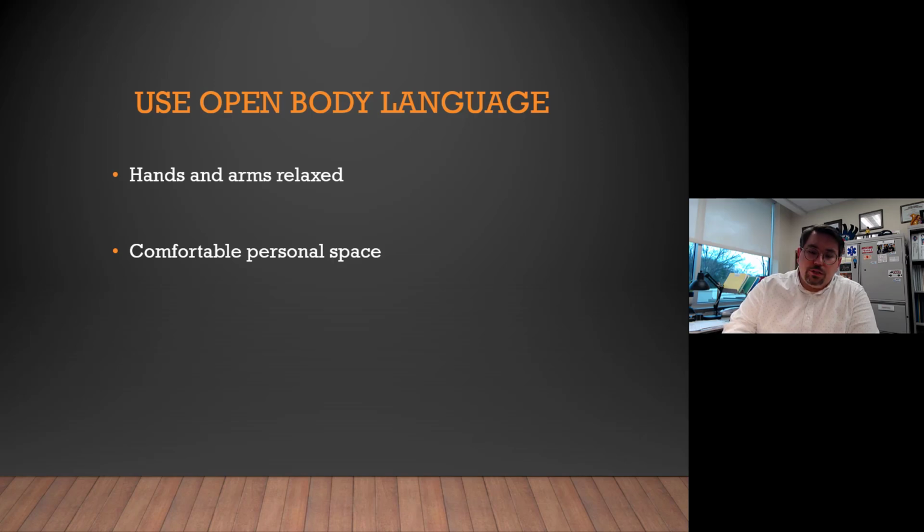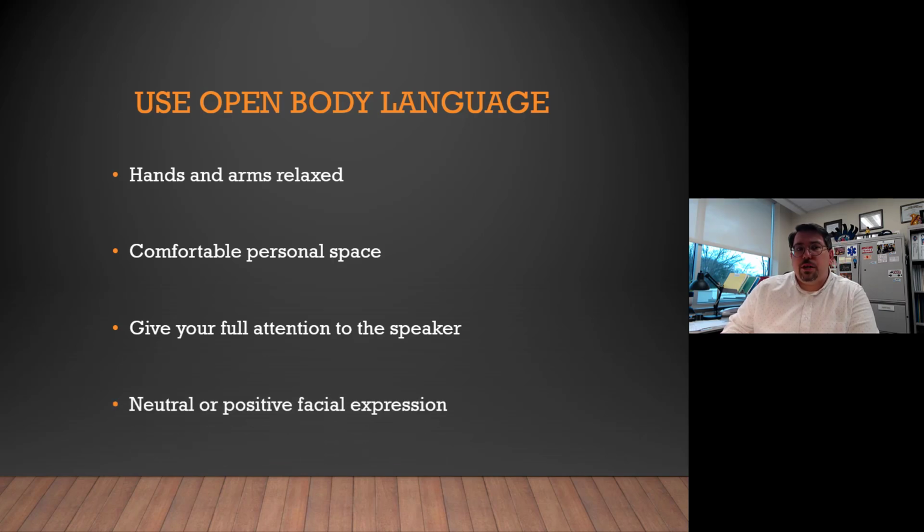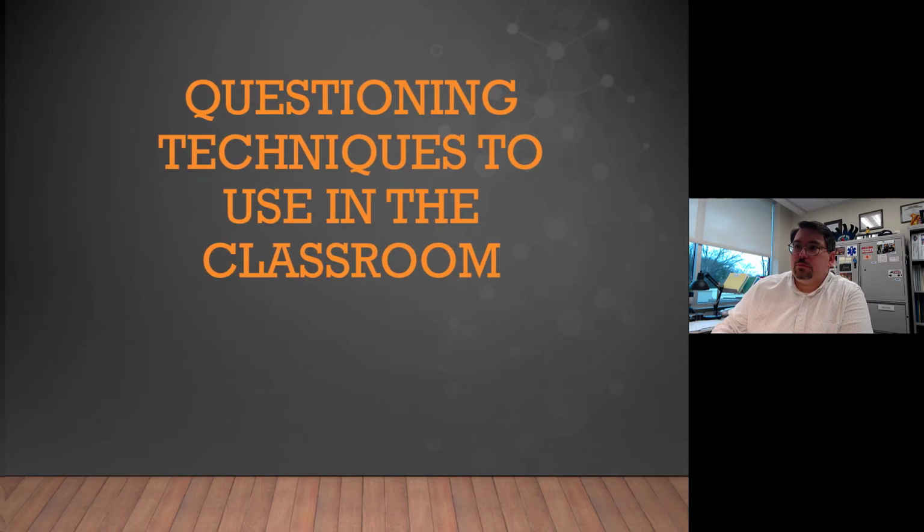And then you also want to make sure that you give your full attention to the speaker. Do what you can to make eye contact, and things you can do to show that you understand: nodding, body language, facial expressions, both neutral or positive facial expressions oftentimes help. You probably don't want to be sitting there with a sour face because of something they said. You're going to try to listen and hear it as best as you can.